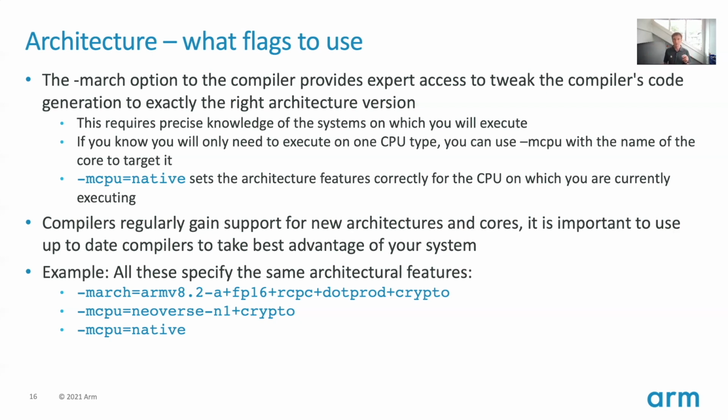Or, even simpler, you can say, work out what you're on right now while you're compiling and use that architecture. So -mcpu=native introspectively looks at the core that it's compiling on and says, I know what this is. This is a Neoverse N1 with crypto support, so I'm going to enable all of those architectural features, and you're done.